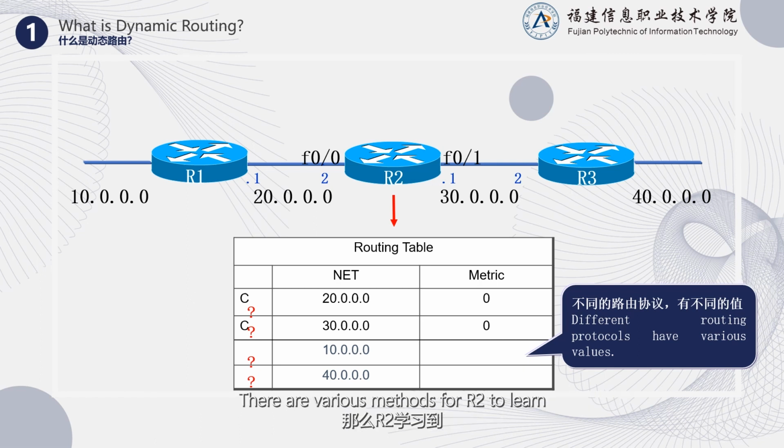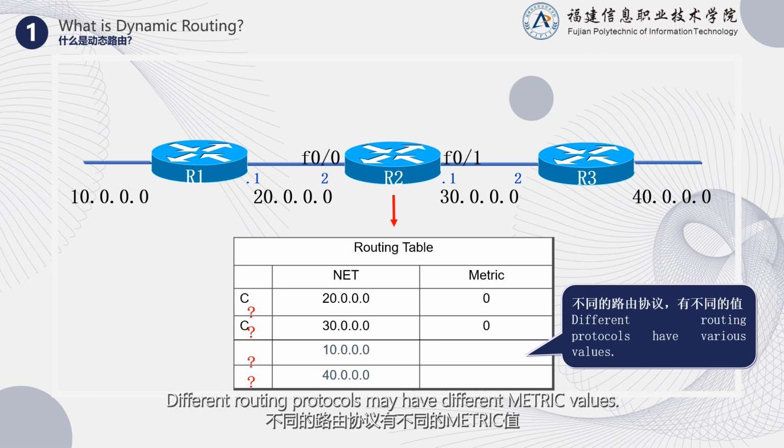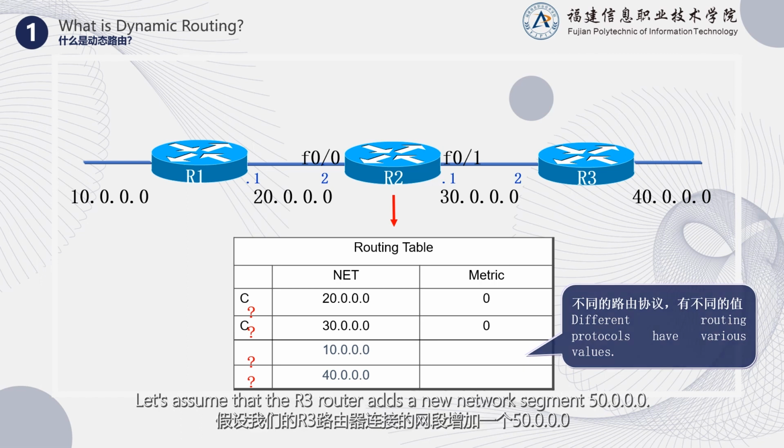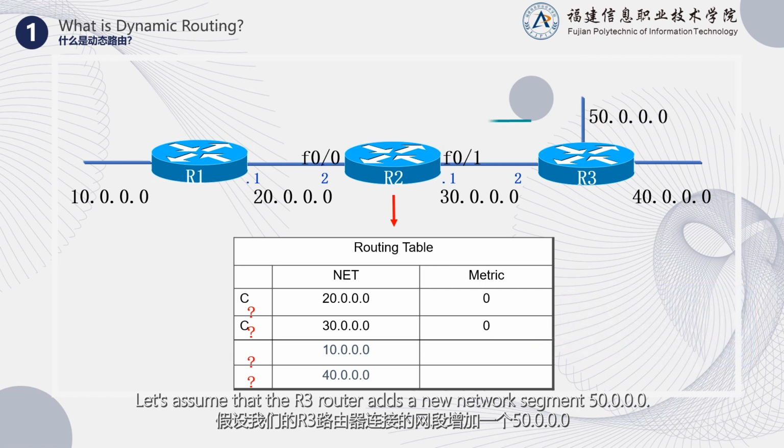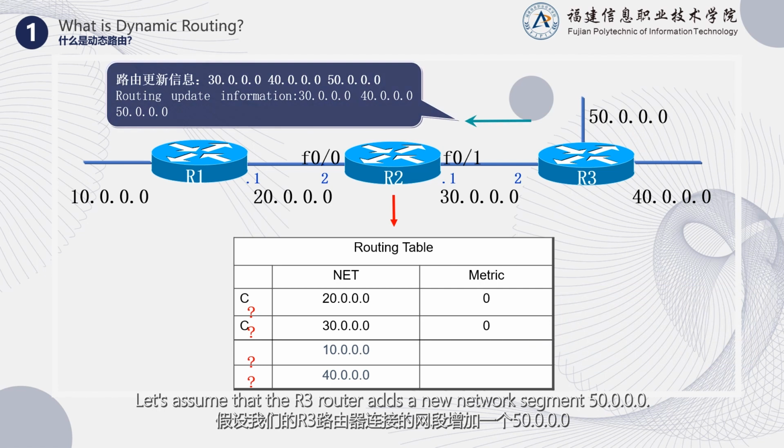There are various methods for R2 to learn the networks 10.0.0.0 and 40.0.0.0. We will use a symbol to represent these methods for now. Different routing protocols may have different metric values. Let's assume that the R3 router adds a new network segment, 50.0.0.0.